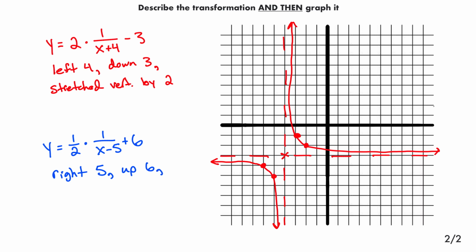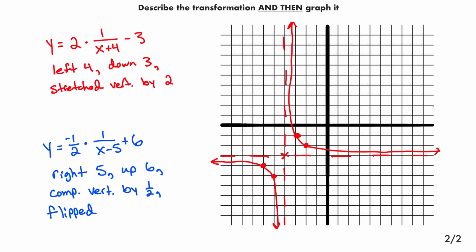The 1/2, for funsies, we're going to make it negative. It is going to be compression, because it is a number smaller than 1, and we're going to compress it vertically by 1/2. And I wanted to make it negative because we haven't dealt with one that has been flipped yet.